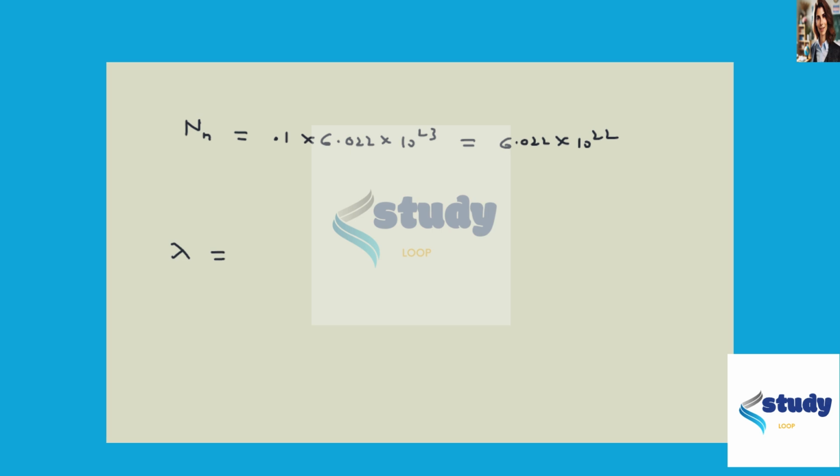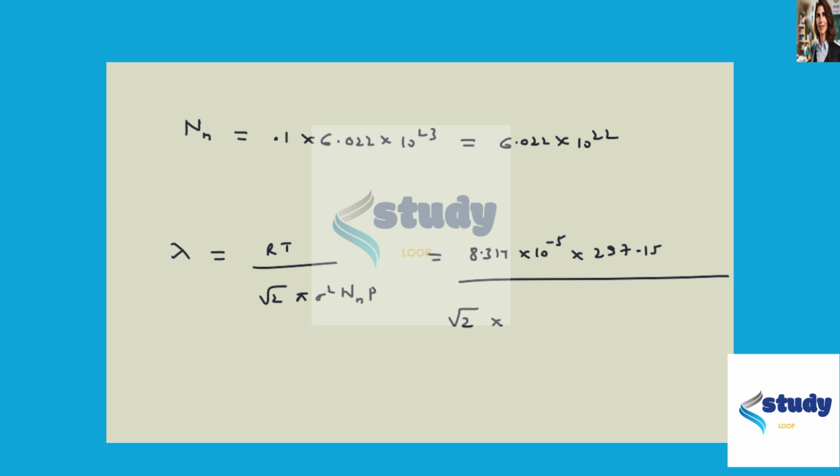Now lambda is equal to RT by under root 2 pi sigma square NNP, which is equal to 8.314 multiplication 10 to the power minus 5 multiplication 297.15 by under root 2 multiplication 2 multiplication 0.38 multiplication 10 to the power minus 9 square multiplication 6.022 multiplication 10 to the power 22 multiplication 2.47.